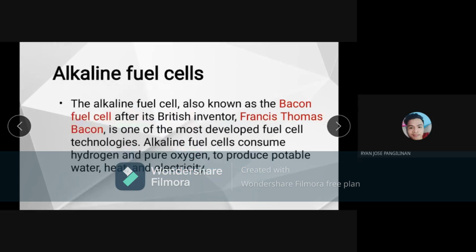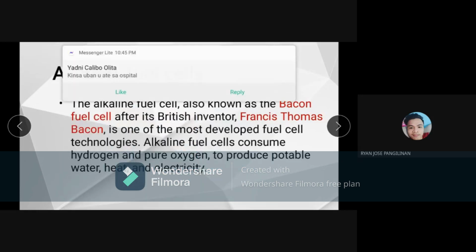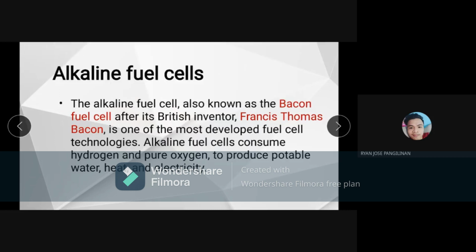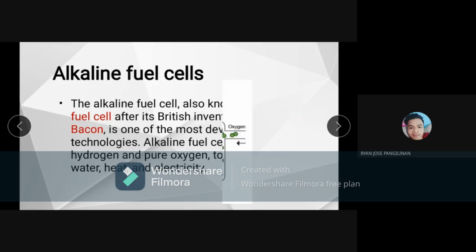Next is the alkaline fuel cells. The alkaline fuel cell, also known as the Bacon fuel cell after its British inventor Francis Thomas Bacon, is one of the most developed fuel cell technologies. An alkaline fuel cell consumes hydrogen and pure oxygen to produce potable water, heat, and electricity.